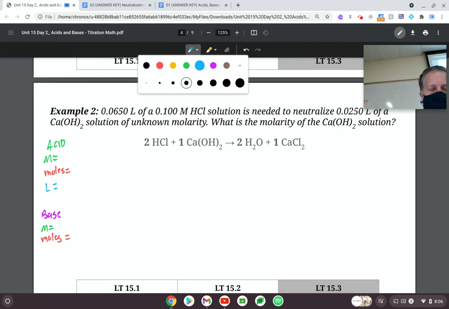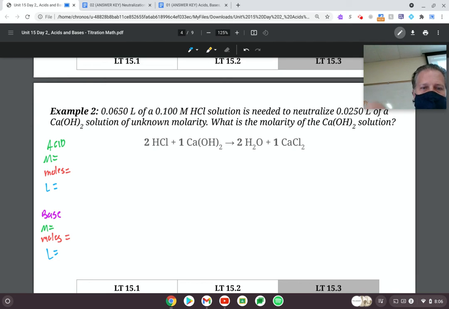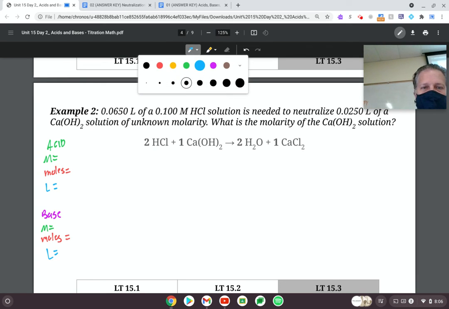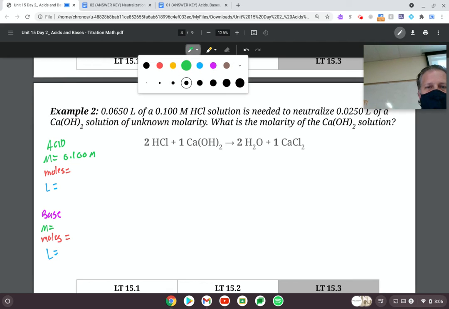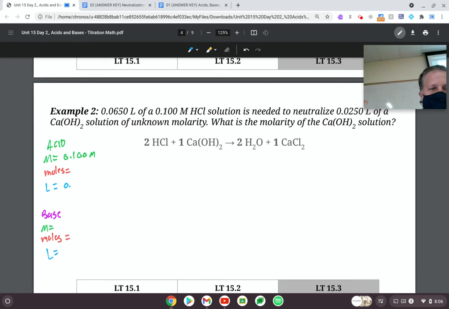And so we know some stuff about our acid. We know that we have 0.100 molar, and we know that we have a volume of something like 0.0650 liters. We have 0.0250 liters of our base, and we are asked to solve for the concentration of the base. So that's a little help. Moving on.